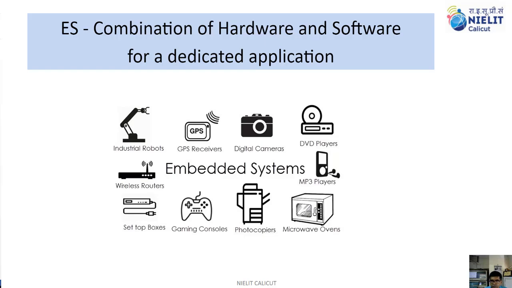So you can see industrial robots, satellite GPS receivers, digital cameras, and various kinds of music players, including DVD players, MP3 players, etc. There are household accessories such as microwave ovens, various smart devices used in home applications, and then high-end photocopiers, gaming consoles, set-top boxes, and wireless routers, which are examples of embedded systems.